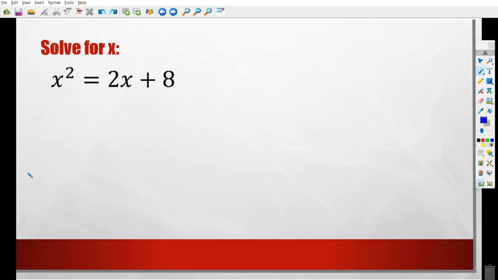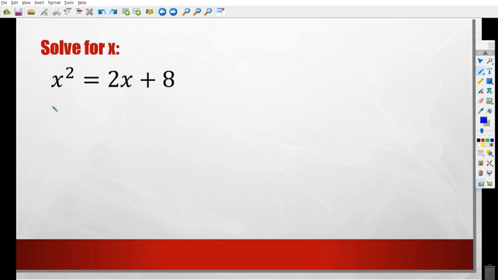Remember I said linear equations and quadratic equations are a little bit different. With linear equations, we only had x's or just y's. But for quadratic equations, we have x squares. So now we've got an x squared.